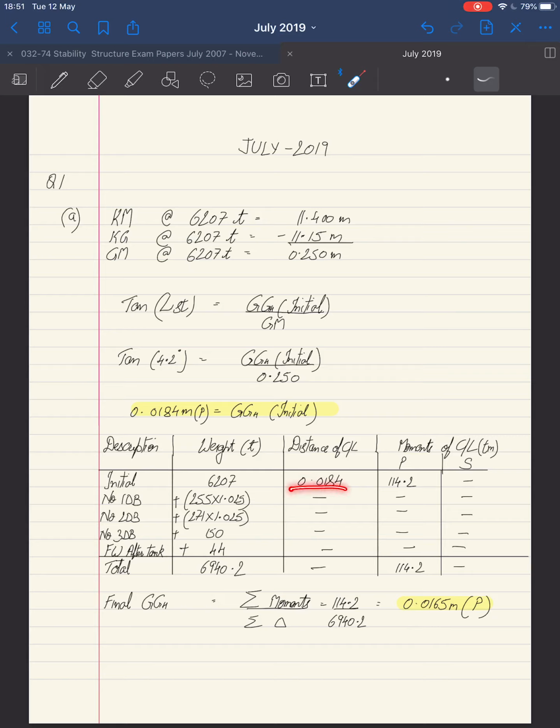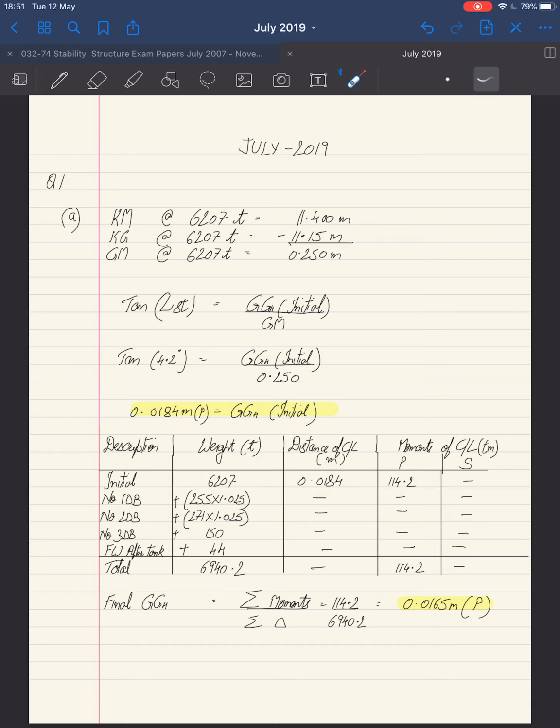The distance from centerline was 0.0184 meters, which was obtained from this part. We'll then calculate its associated moments. Since the vessel was listed to port, there were moments only on the port side. There were no moments on the starboard side, so we have written a dash. Moments on the port side have been obtained by multiplying the weight times the GG1.